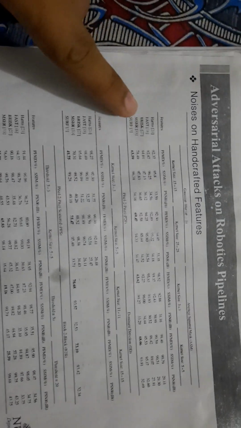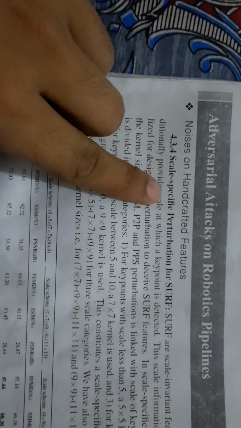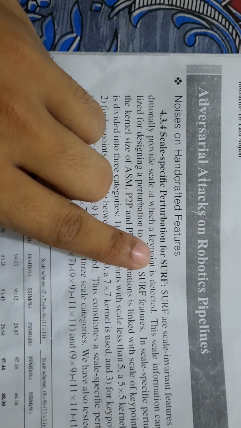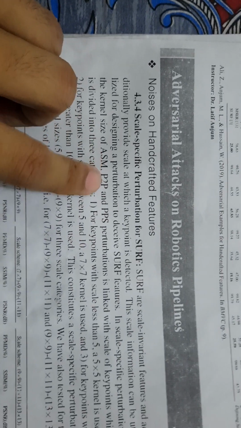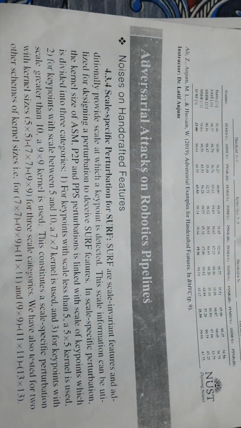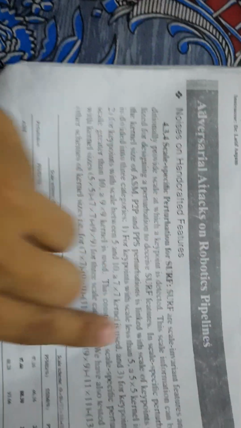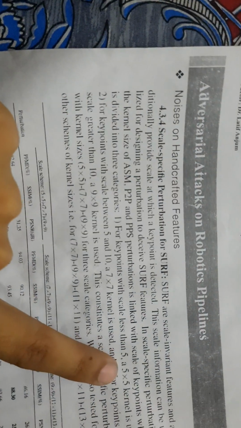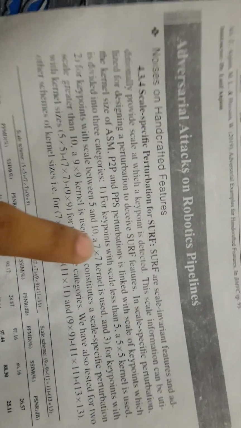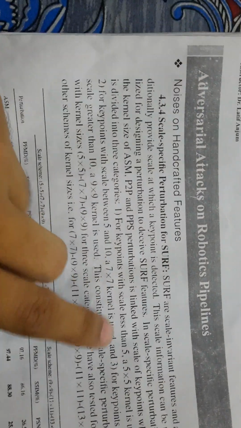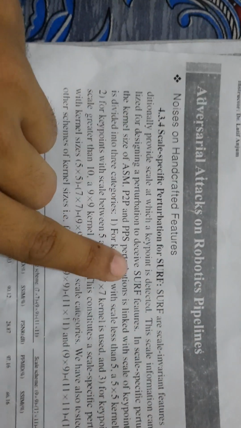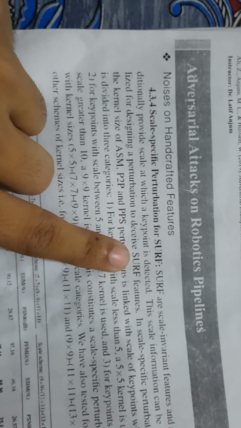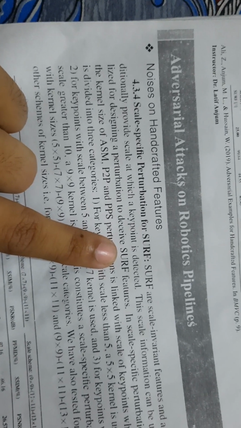Now to deceive SURF, they did this: scale specific perturbation for SURF. For every type of noise that they created, ASM, P2P, PPS perturbation, they linked the kernel they are choosing, 3 cross 3 or 5 cross 5 or 7 cross 7, to the scale of the keypoint. As you know, in SURF, features are detected on different scales.